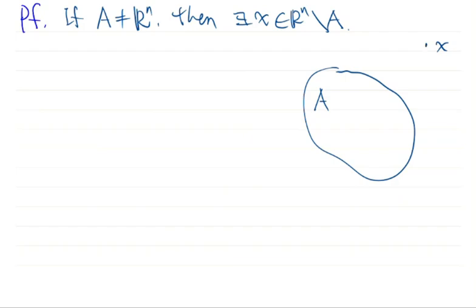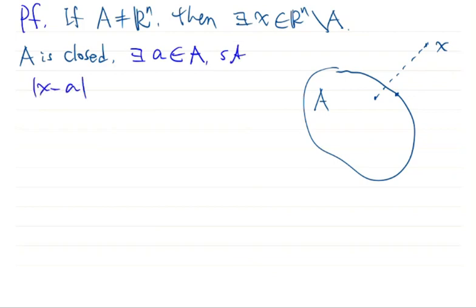Okay, then because A is closed, this is our assumption, we have proved before that there must be some point inside the set A such that the distance from the point to x is equal to the distance from x to A. So by our previous result, there exists some point denoted by small a in the set A, such that the distance from x to a is exactly the distance from x to the set A, which by definition is the infimum over y in A of the distance from x to y.